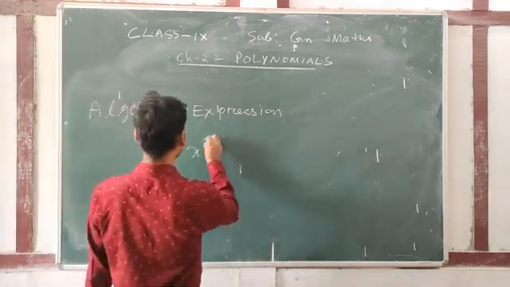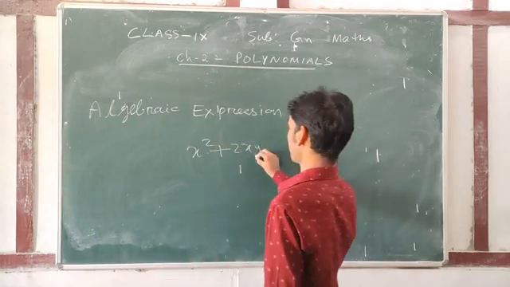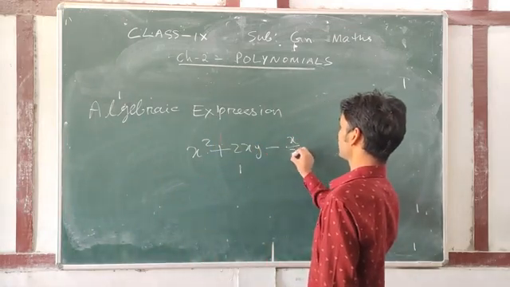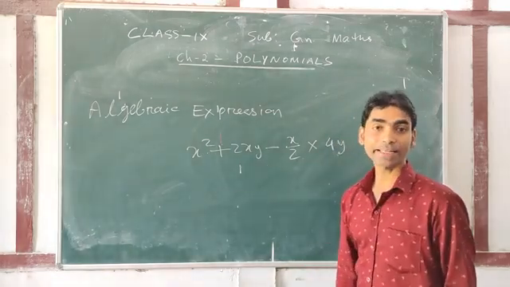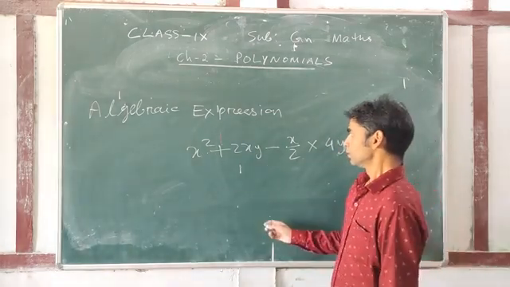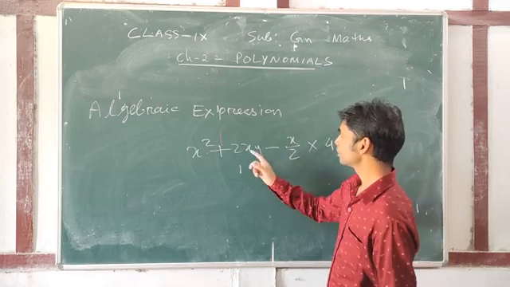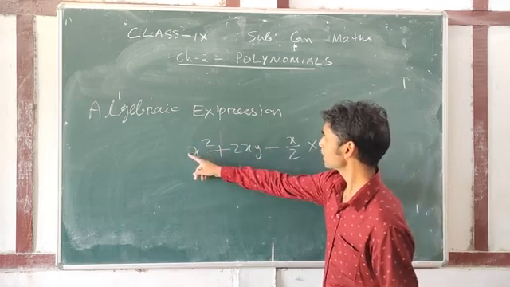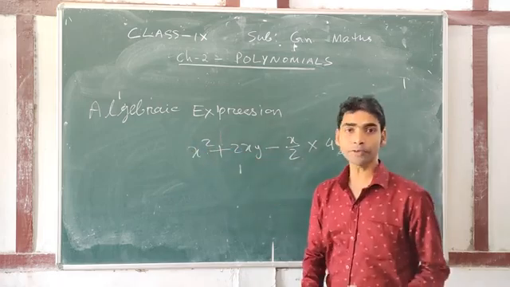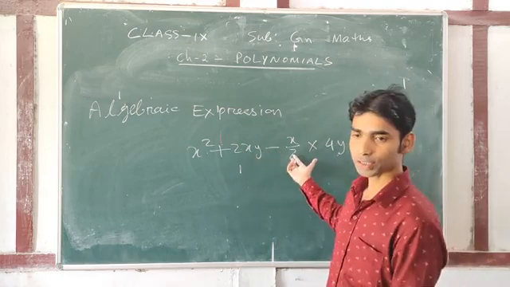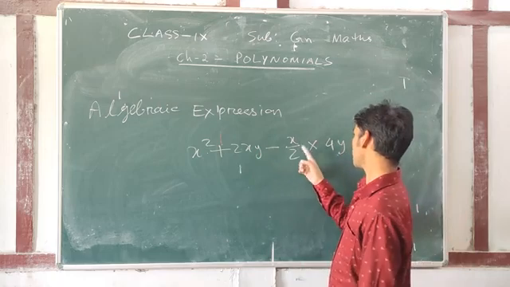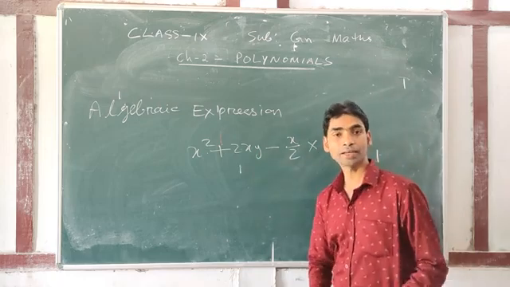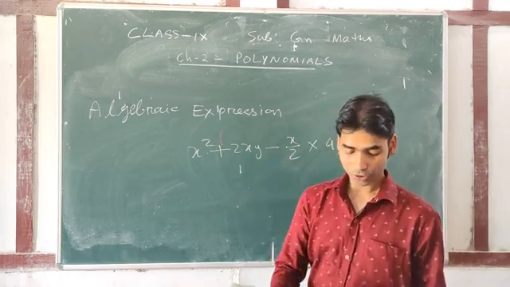Just like x squared plus twice xy minus x by 2 into 4y. These are called algebraic expressions. So any mathematical expression made up of both variables and constants, connected by plus, minus, multiplication or division signs, is known as an algebraic expression.